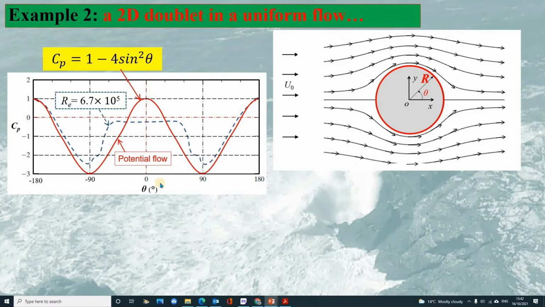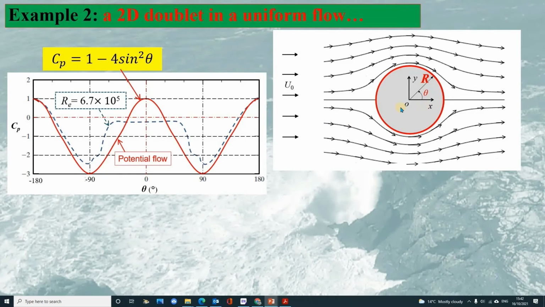So we can see the biggest difference between the potential flow and the real flow would be at theta equal to 0 or around here. That means when the flow comes here, the difference would be in here.